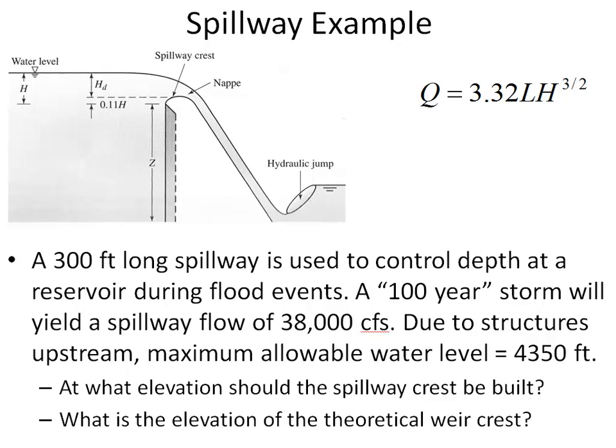In this example, we're going to try and determine the elevation that the spillway crest should be built at for a 300-foot long spillway that's going to be carrying a flow of 38,000 CFS. After finding the elevation of the spillway crest, we'll then consider the elevation of the theoretical weir crest.